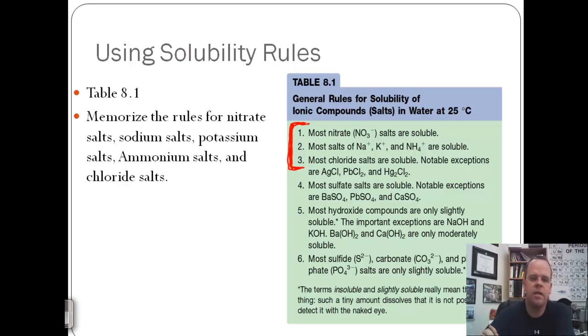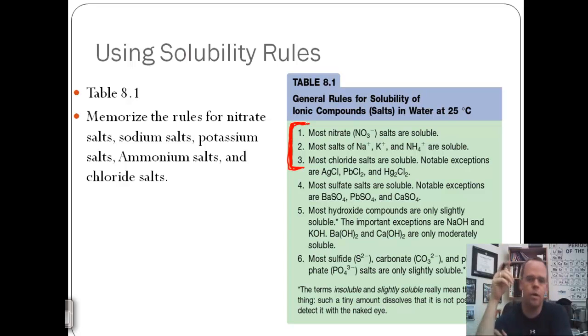And third, chloride salts, and generally you can think of this as any halogen, iodine, bromine, fluorine, will be soluble unless they are bonded to silver, lead 2+, or mercury 1+. So these are the three major exceptions. Generally always going to be soluble except with silver, lead 2+, and mercury 1+.